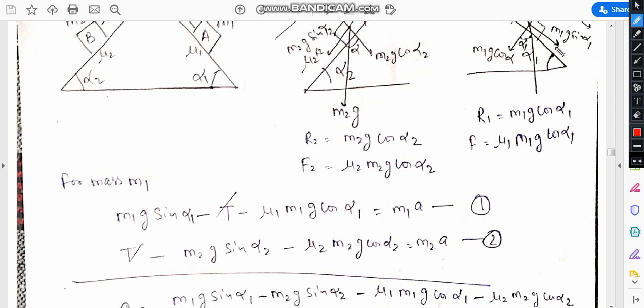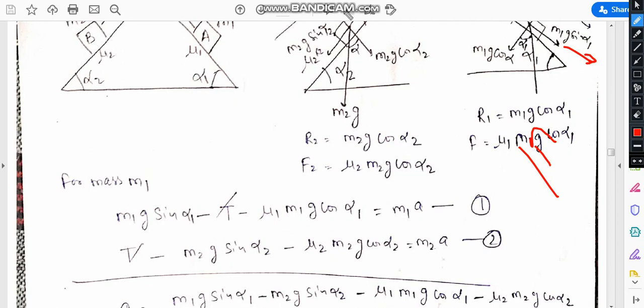If m1 is going downward, it means m1g sin alpha 1 is larger than the tension. And if it is going downward, the frictional force is acting upward, so the net force is m1g sin alpha 1 minus T minus mu1 m1g cos alpha 1 equals m1a.